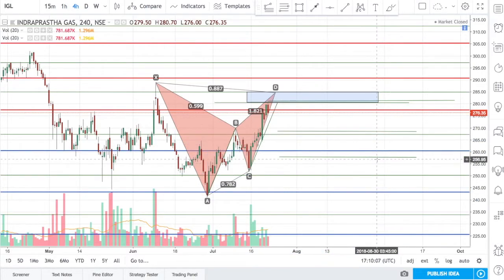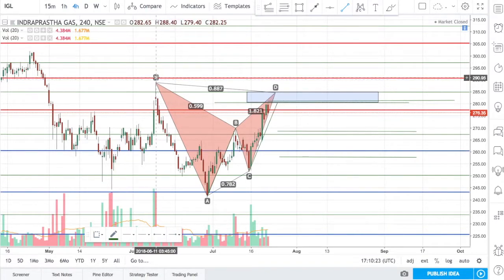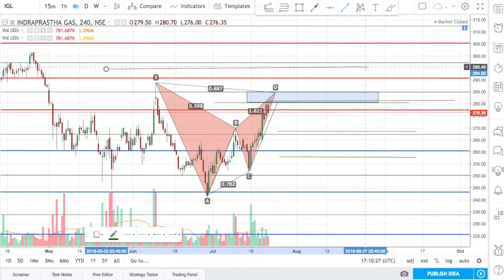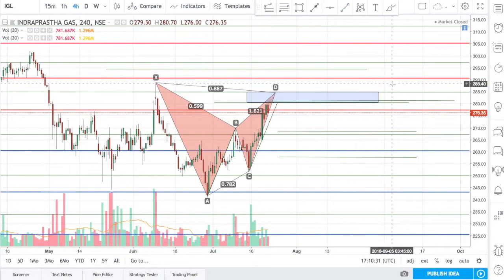So our first target would be this and our second target would be this, and our stop loss has to be somewhere above this level of resistance. So that's the trade setup, and let's see how this trade plays out in the next few trading sessions.